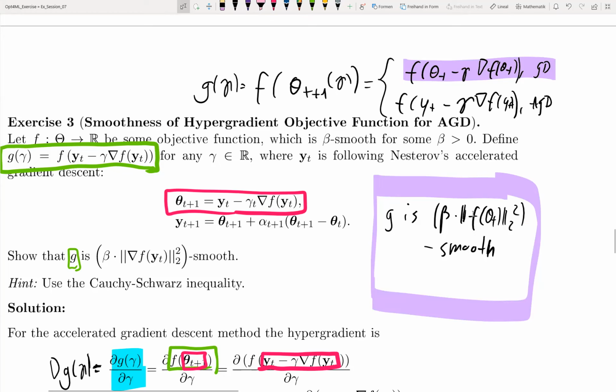That's the theta t instead of the yt. Okay, good. Then I would say we go to the practical exercise unless there are questions.